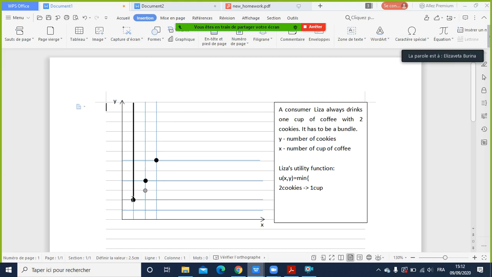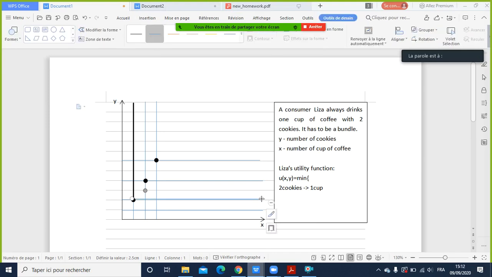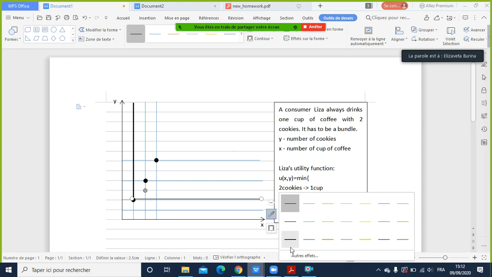Good, perfect. The same, 2 cookies, I can increase as much my consumption of coffee and still enjoy 2 cookies.